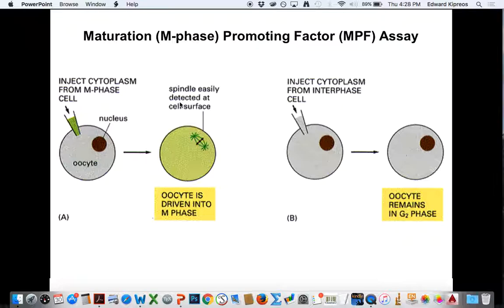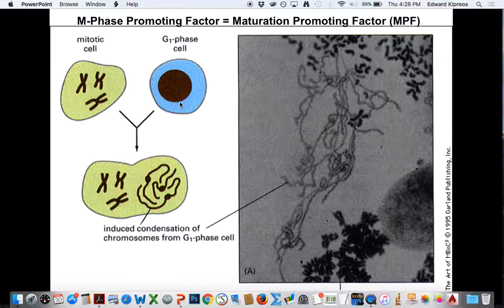So whatever this factor is, it's the same. Whether you're making the cell go into meiosis or into mitosis, it's the same thing. And then you can see this mitosis effect when you do cell fusion assays. So if you take a mitotic cell and a cell in G2, you can add these long anions that are going to go in the membrane and cause the membranes to fuse together.